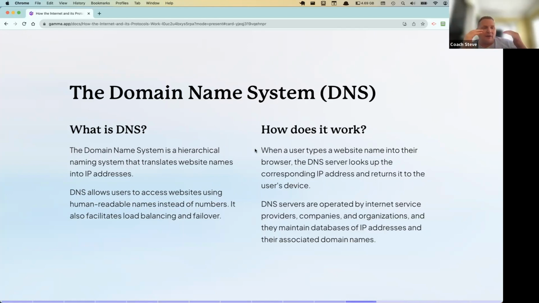So what that does is it maps that human readable domain name to a series of IP addresses. So we don't have to remember those numbers anymore. This was one of the biggest game changers that allowed the internet to explode back in the 90s, because nobody could maintain that many IP addresses and know where everything went.